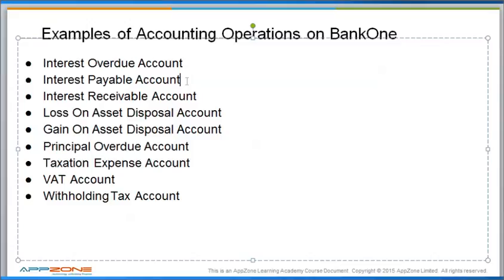So on a daily basis, the system, through its pre-configurations, will post daily interest into an account called interest payable account. What this account means is that it reminds the bank that these are interest that will be made payable to customers either at the end of the month or at the pre-configured time.